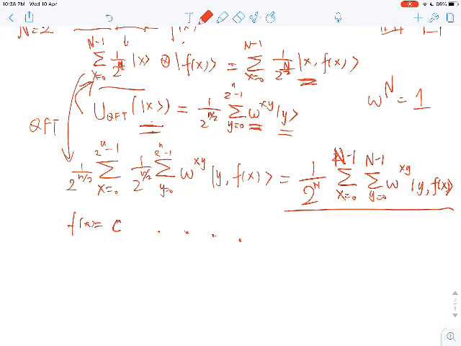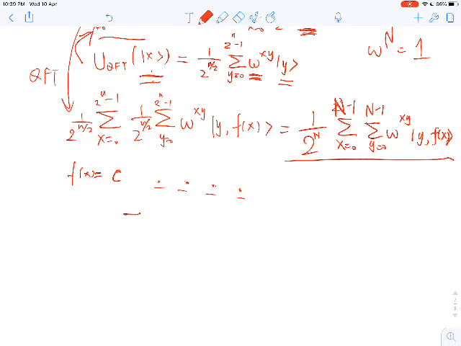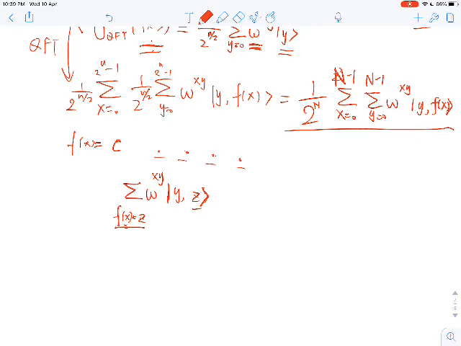So we want to write it like this. We group all these x's with the same f(x) value, let's assume f(x) is z. We got y, z, omega to the power xy. This part will group some x here to the same part. The x, for a single z, all the x are the solutions of this equation.